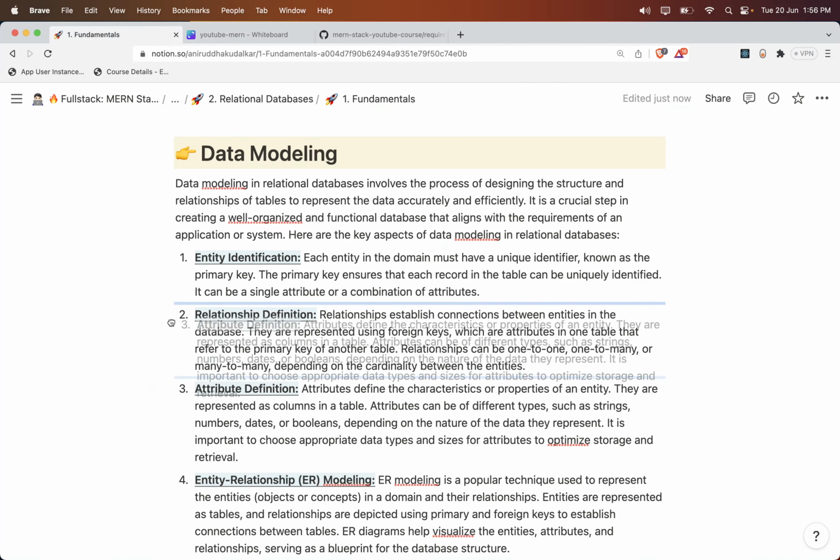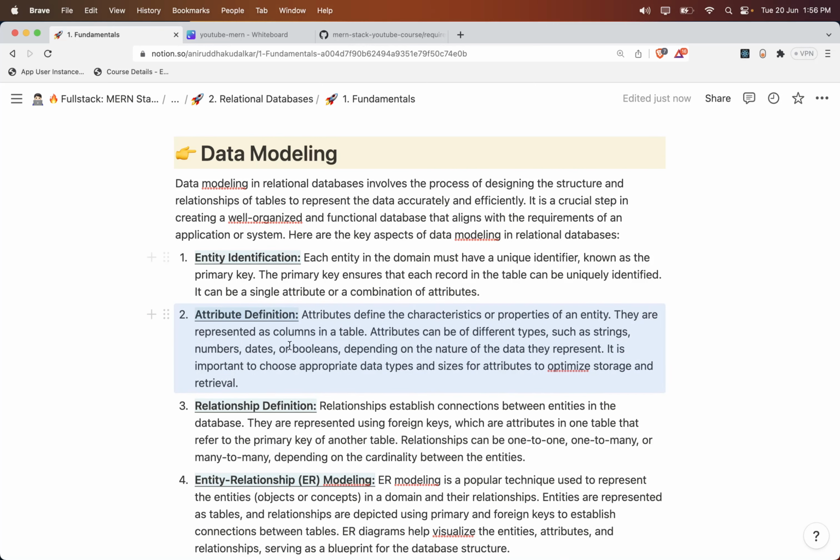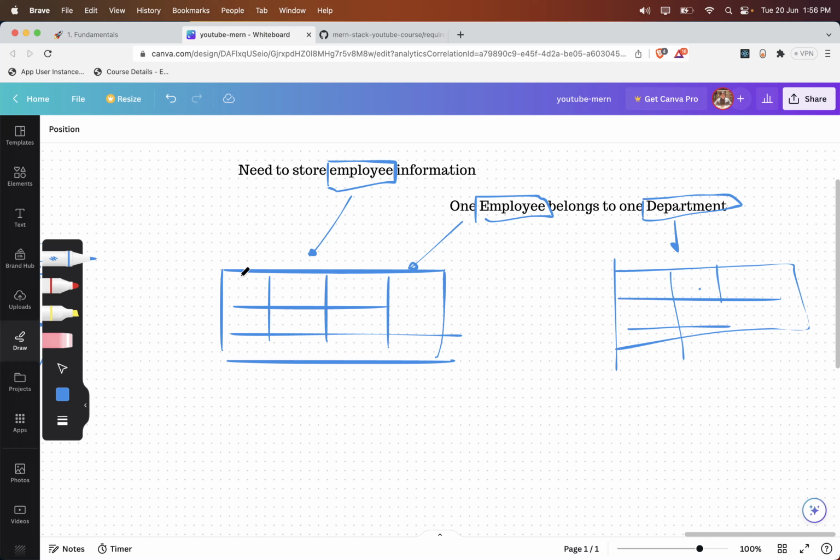Then inside entity identification, what attributes are there? Attributes means columns. So need to store the employee information: employee birth date, employee salary, employee department, employee city.